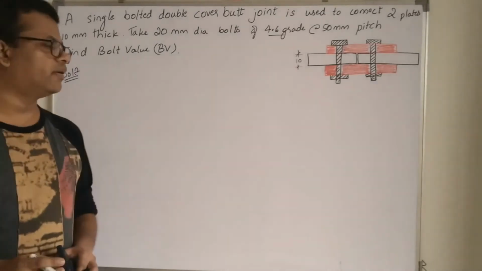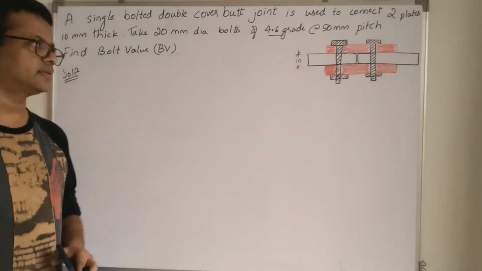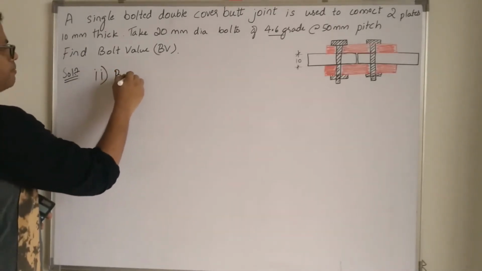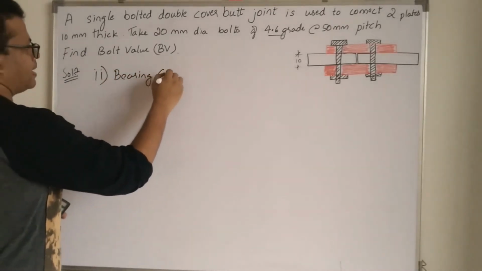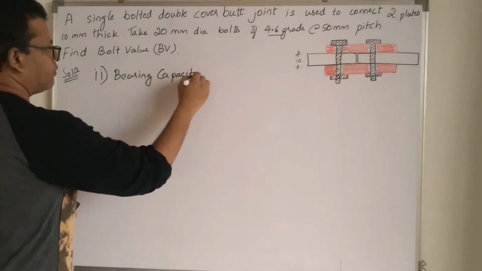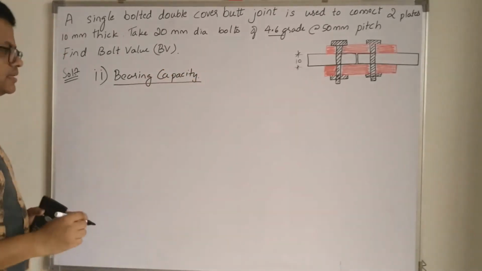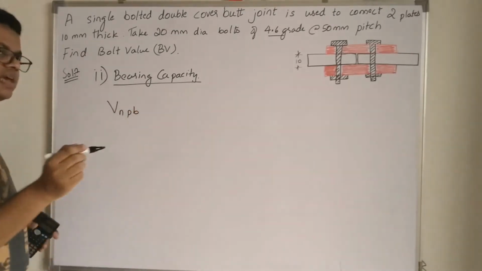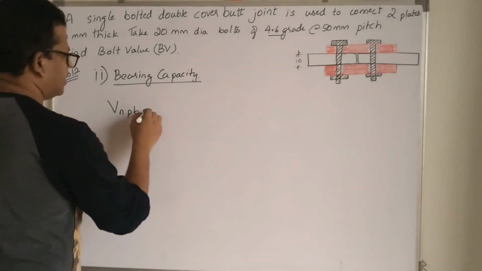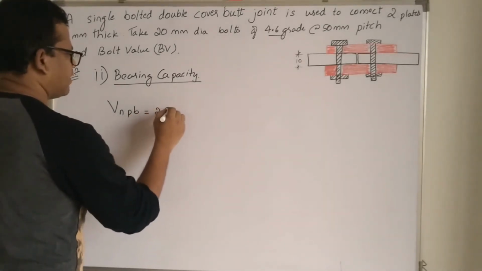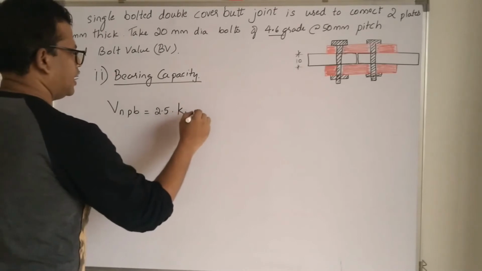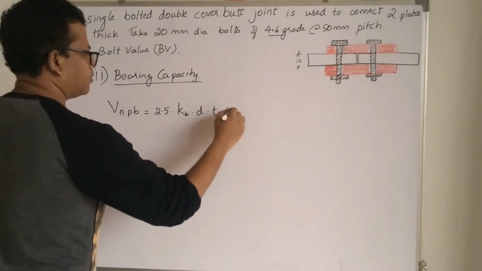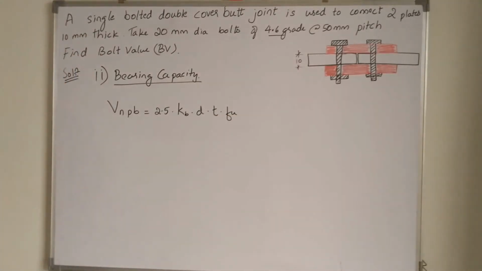Okay, now let's calculate the bearing strength. Let me write the second thing which we are doing is to calculate bearing capacity of the bolt. So the bearing capacity formula, what is it? VNPB, that was VNSB, this is VNPB, which is equal to 2.5 into KB into D into T into FU, if I am not wrong.